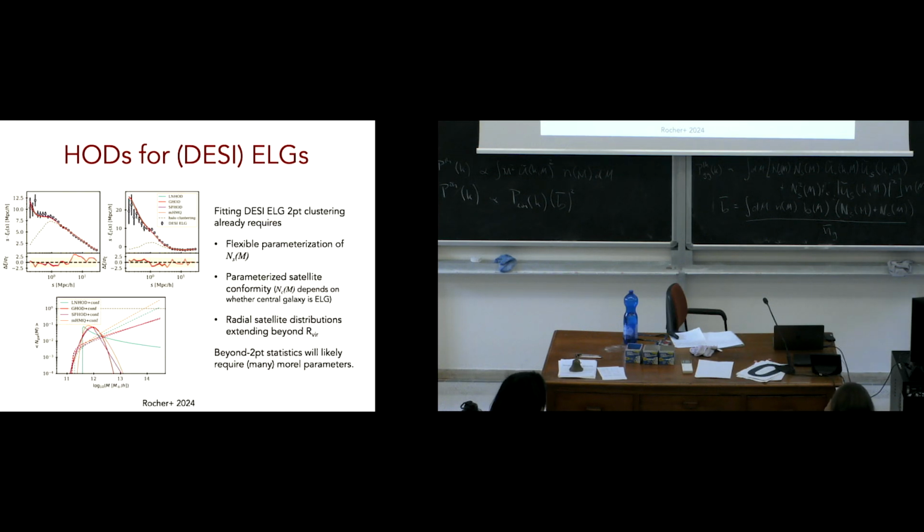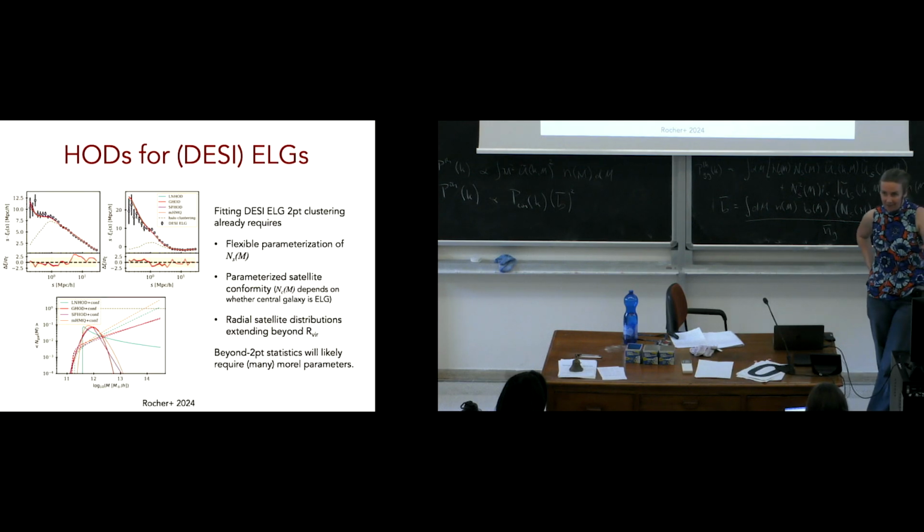Now, since the central galaxy may be something different than an ELG, that means we can, at these halo masses, have ELG satellites within the sample and at least no central, simply because the central is outside the sample. That's still our standard HOD so far. But what we're seeing in DESI now is that there's some kind of conformity between satellite and central.